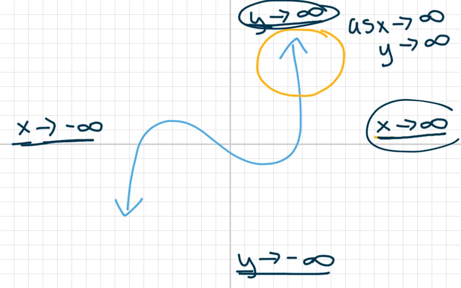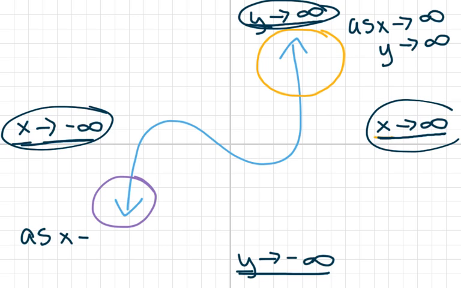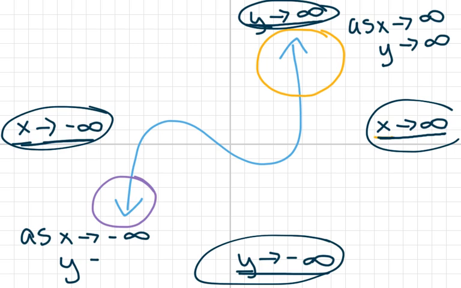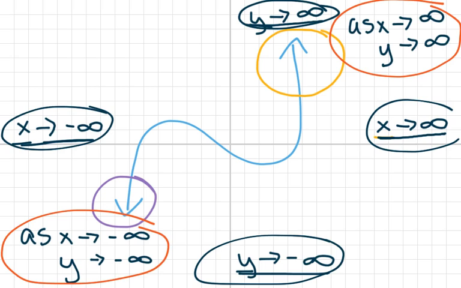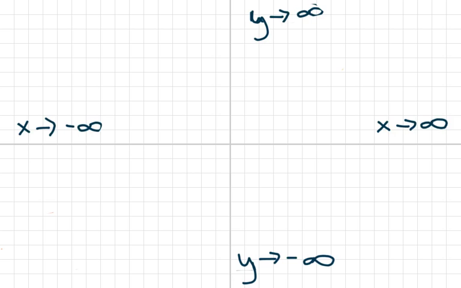Then I go to my left side, and in this quadrant it tells me that as x approaches negative infinity, y is approaching negative infinity. And now we've got a nice easy way of doing our end behavior.